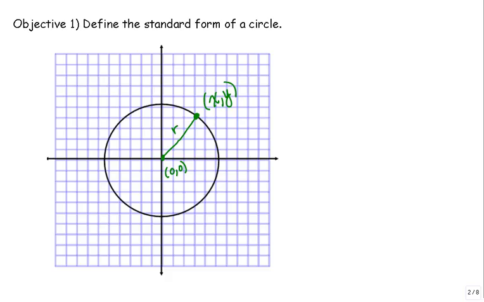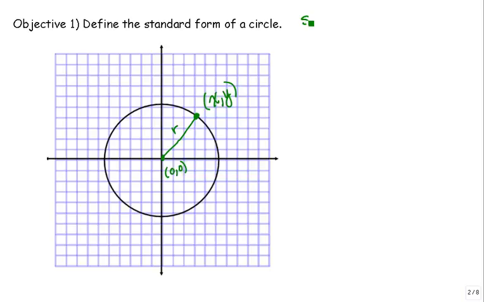So let's talk about the standard form of a circle and what is a circle, right? I mean, you've seen circles all your life. To define them mathematically, what we think about is this. A circle is the set of all points that are equidistant from the center or from some fixed point, right?